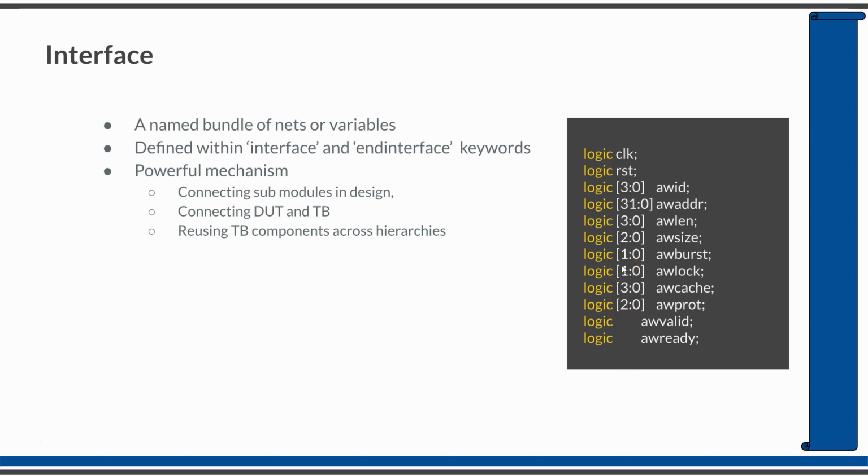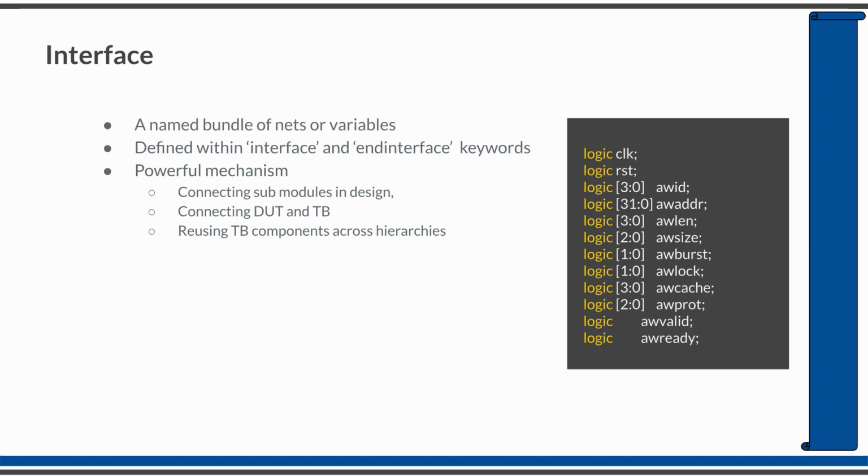Now if you're building a DUT or testbench which is using the AXI interface, there could be several submodules in the design which use the same AXI signals, which you want to propagate from the top till all the bottom units. So in all the places you would have to explicitly write all these signals again and again wherever you want to specify these interface signals.